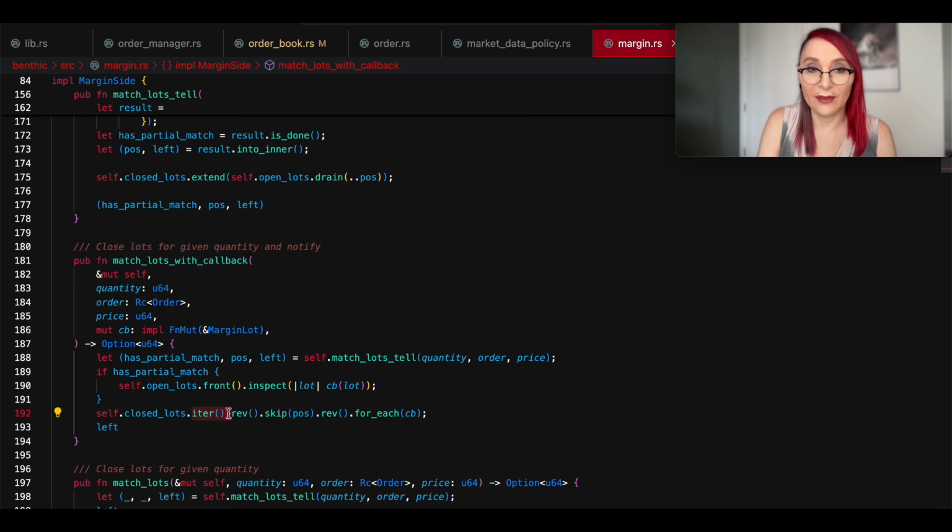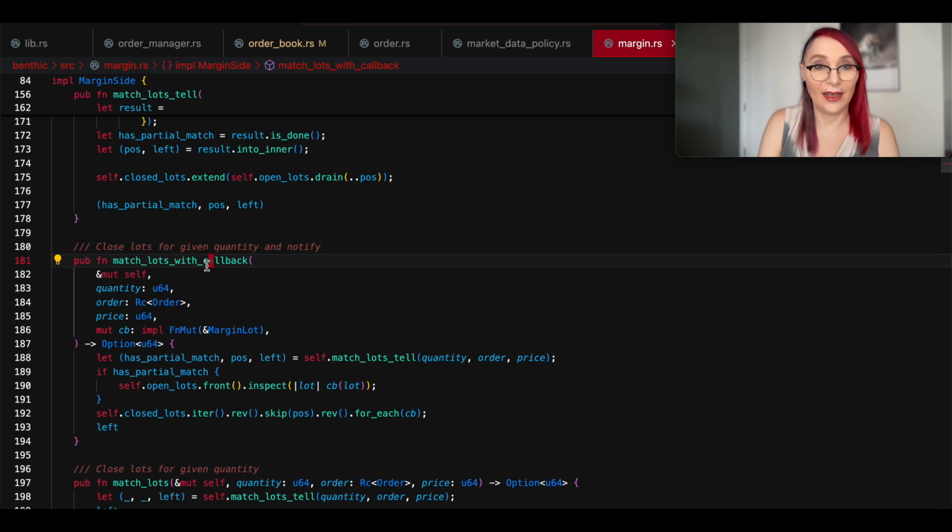I'm iterating over them in reversed order, meaning that I'm starting from the back, and then I move back by the number of lots that I closed, and then I reverse the iterator once more, and I go forwards, and I call the callback on those lots at the end of the queue. So this is my way of saying, call the callback on the last N lots in this closed lots queue.